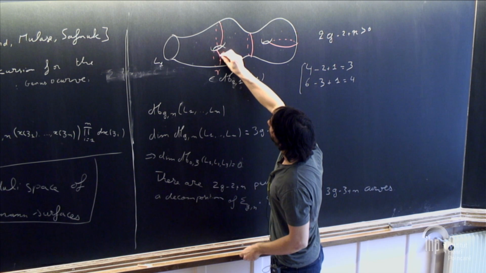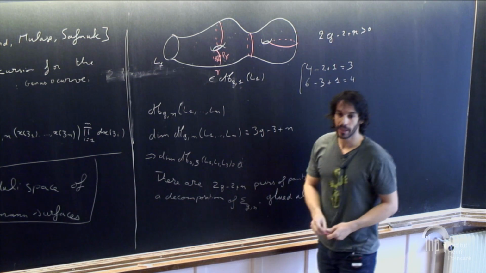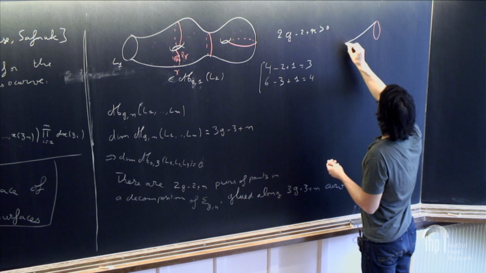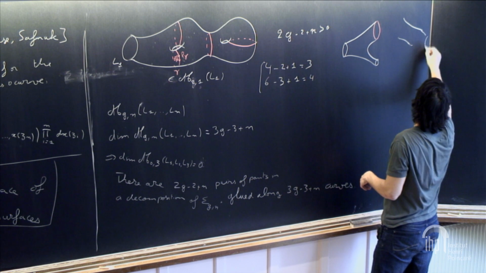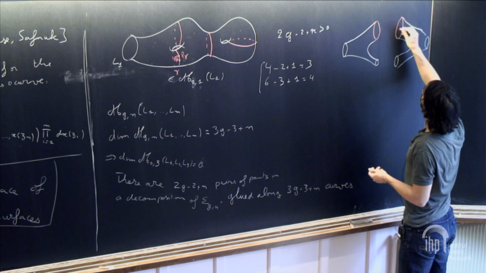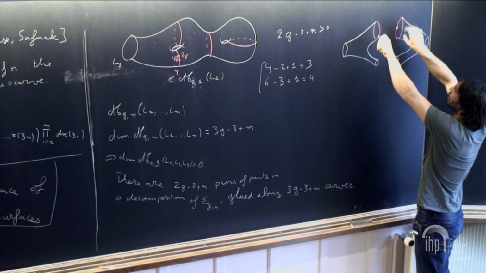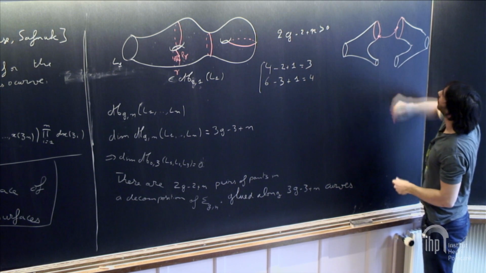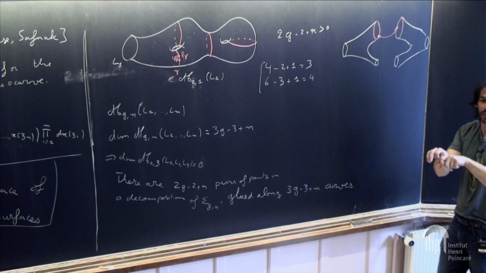And I need to know as well how I will glue the two copies of this curve coming from the two different pairs of points in my pair of points decomposition. So I need some twisting parameter, which I will call theta gamma, which tells me, if I start from one pair of points on one side and another one on the other side, each of which have a mark point, when I glue them together, I can choose the twist I put by the respective position of these two mark points.